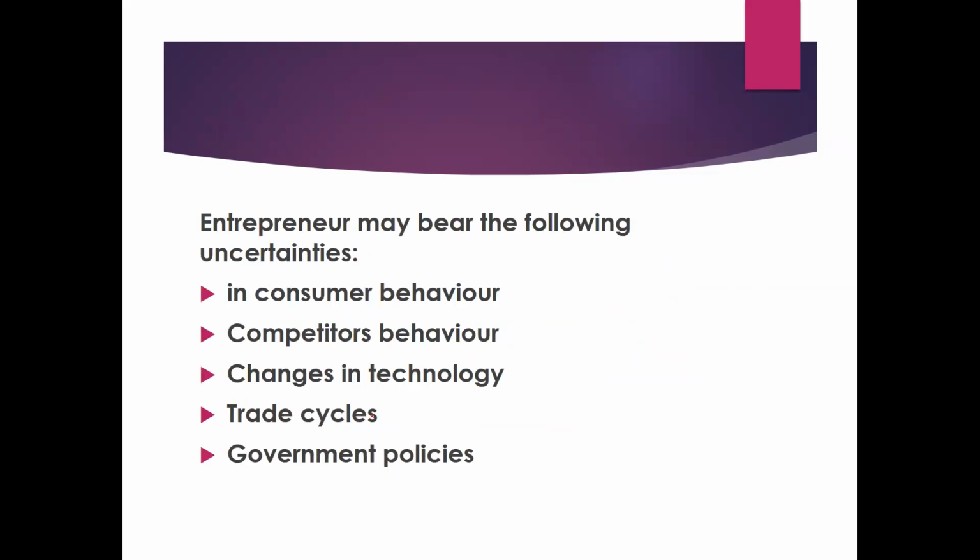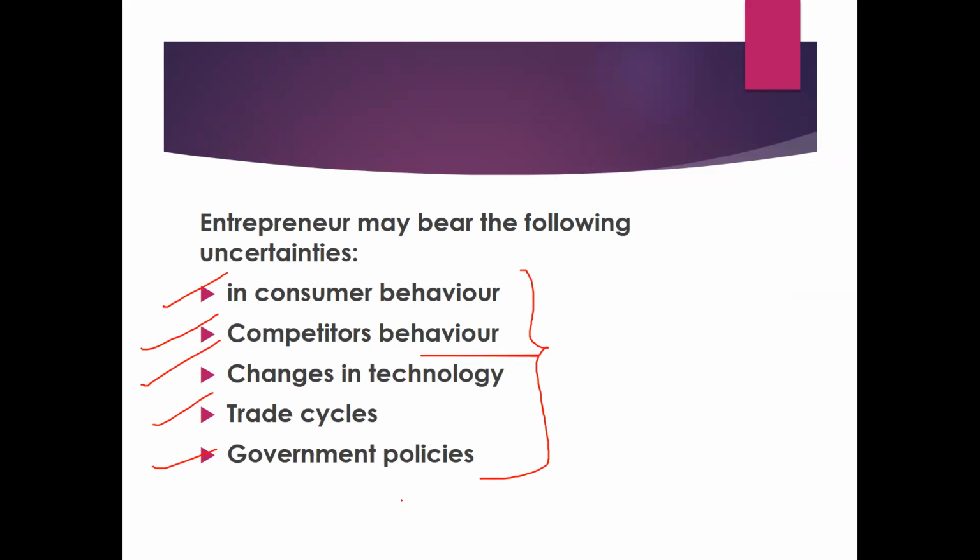The entrepreneur may bear the following uncertainties: in consumer behavior, competitors' behavior, changes in technology, trade cycle, government policies. So if you are ready to accept or fight with all these kinds of uncertainties, you can run and you can earn profit.